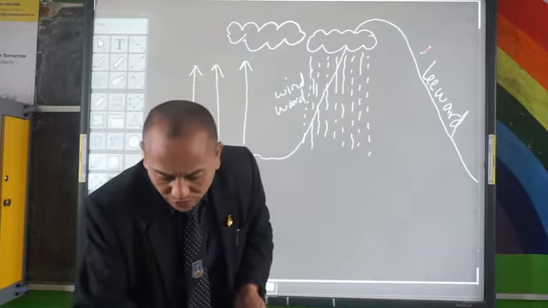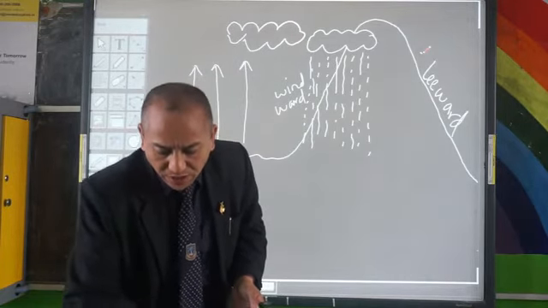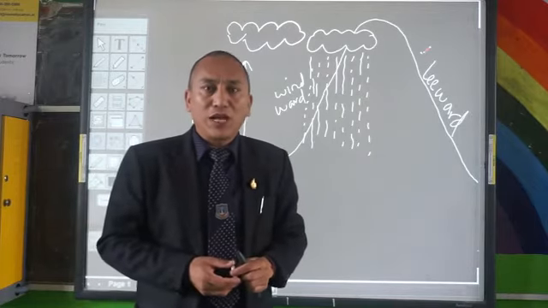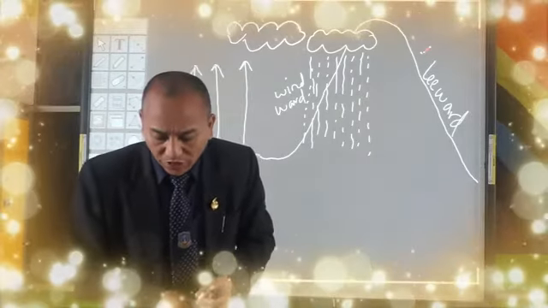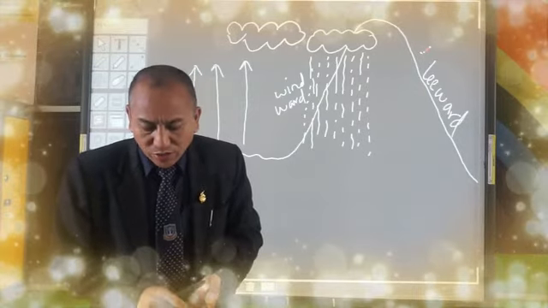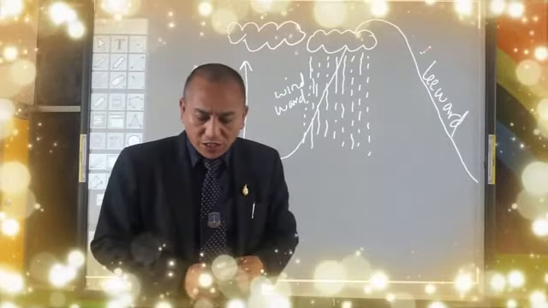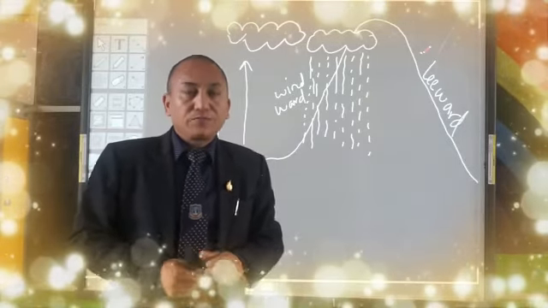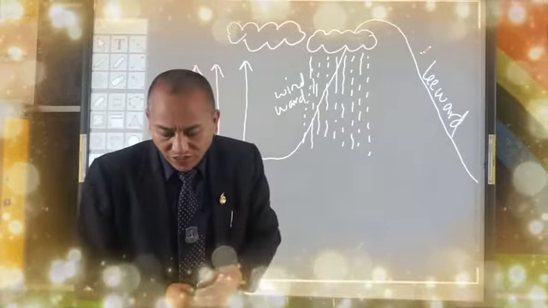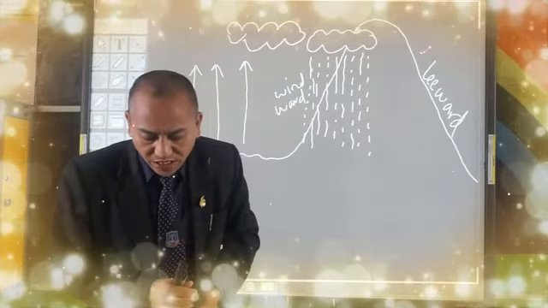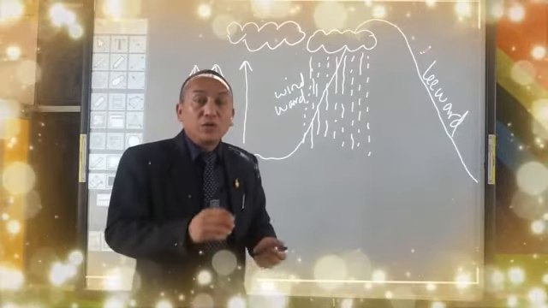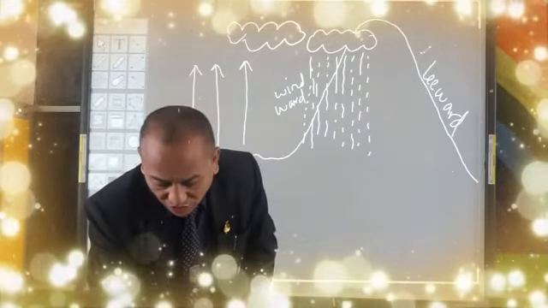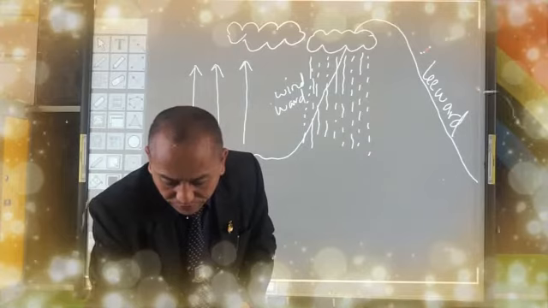Please keep in mind there are 2 types of cyclonic rainfall as well. We have the temperate cyclonic rainfall as well as the tropical cyclonic rainfall. The temperate cyclonic rainfall is lighter compared to the tropical cyclonic rainfall, but the temperate cyclones last for a longer time.